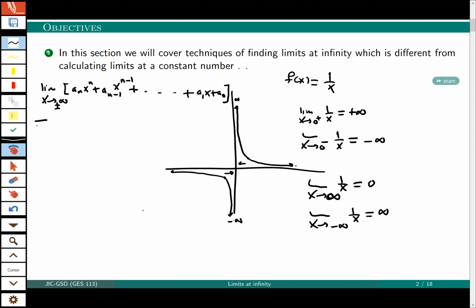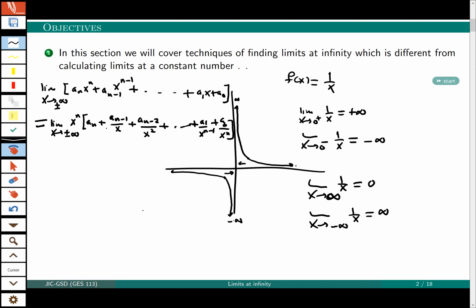To prove that idea, if I take x to the power n as a common factor, I will get limit when x goes to plus or minus infinity of x to the n times a_n plus a_(n-1) over x, plus a_(n-2) over x squared, and so on until a_1 over x to the power n minus 1 and a_0 over x to the power n.